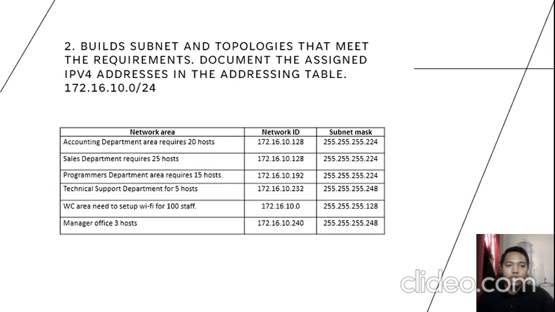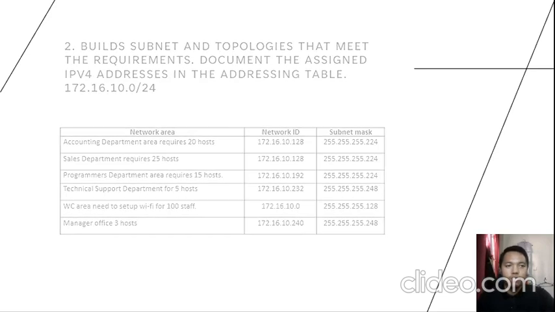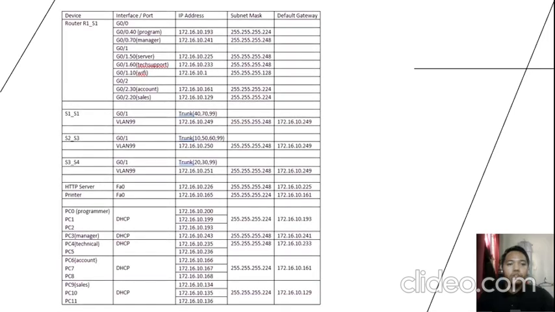So here are the IP addresses for the addressing table for each department. I will not explain much about this. This is the continuation of the IP addressing table for all the devices from router to switch to server, printer, and others.